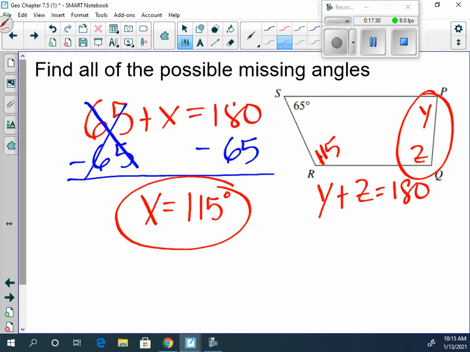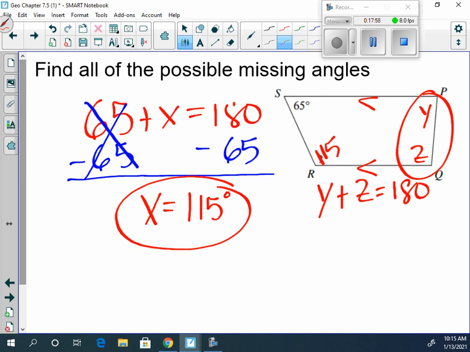Well, that would work if they were between parallel lines. Are they between parallel lines? No, for our trapezoid, these here are our parallel lines. RS and PQ are not parallel. Unless we have something for one of these two, there's no way for us to continue. This is as far as we can go.